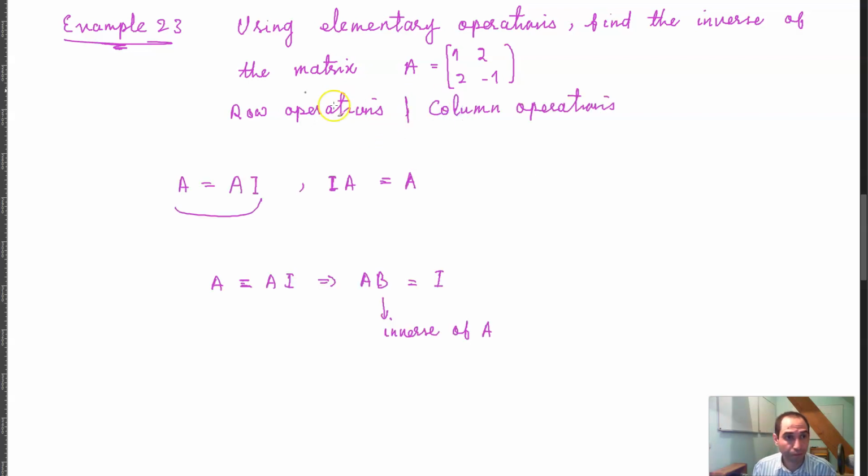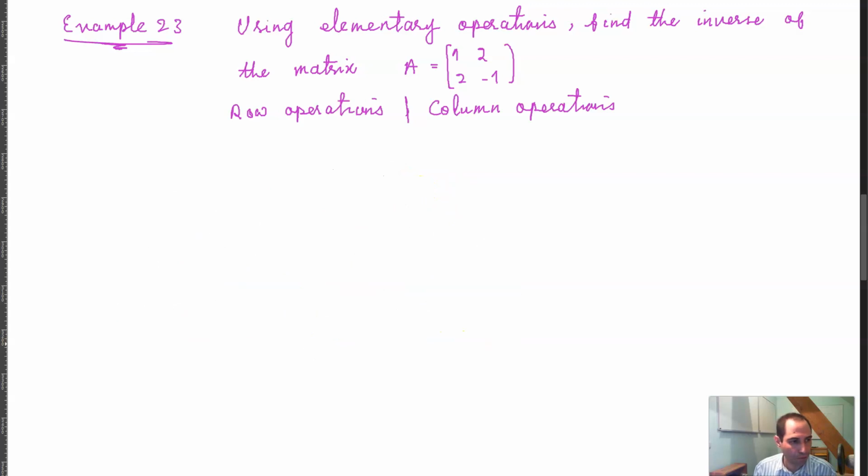Okay, so now that we have an example, we can actually talk about all of the things that we talked about, writing A as, for example, I times A, or writing A as, for example, A times I, and so on and so forth, and doing row operations and column operations on these matrices or on these equations. We can understand them much better using an example. So you can either do row operations or column operations on these matrices.